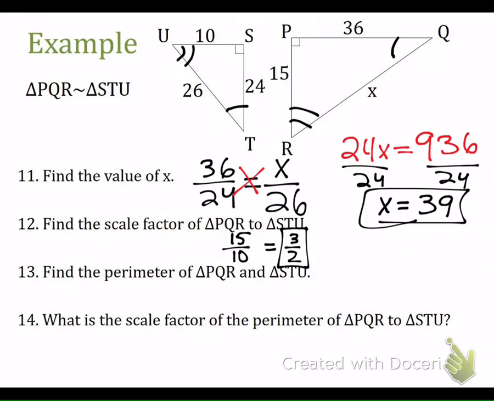Okay? So I'm going to skip 13 for a second. What's the scale factor of the perimeters going to be? 3 over 2. It should be the same, but let's find the perimeters just to be safe. So PQR. So 15 plus 36 plus 39.